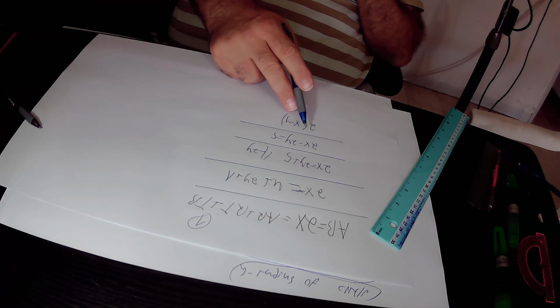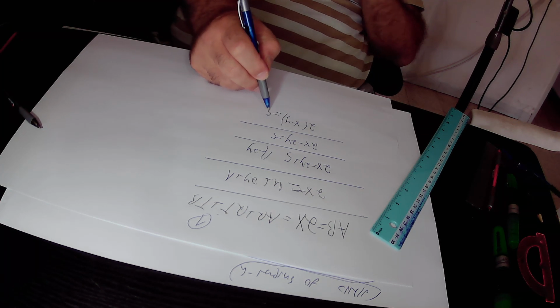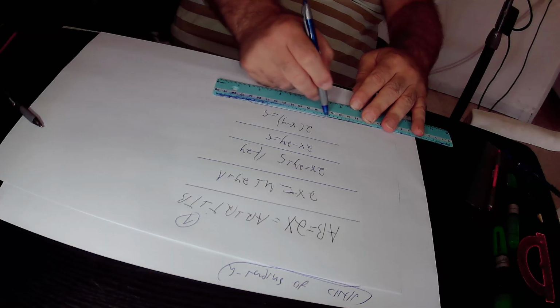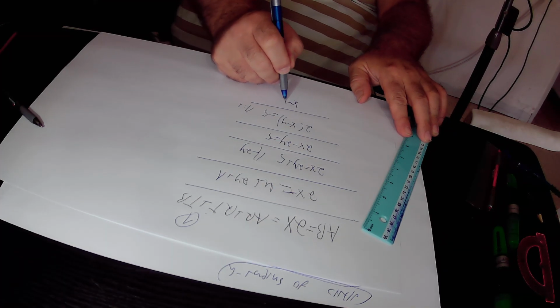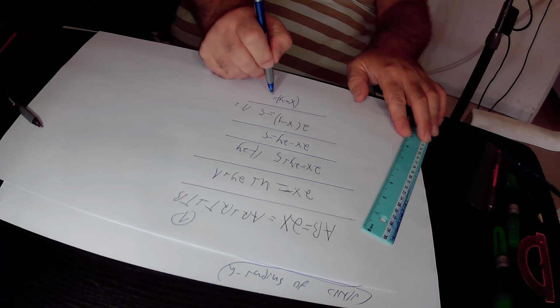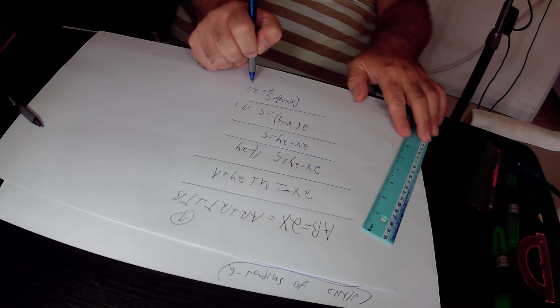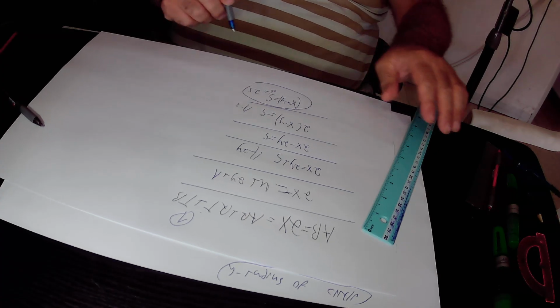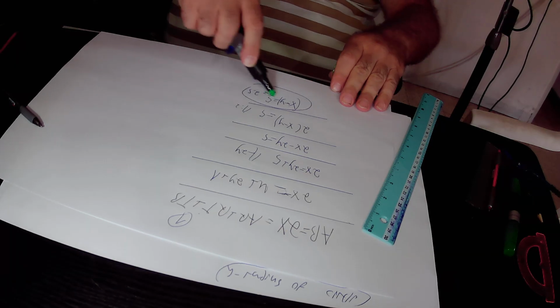So in total, 2 times x minus y equals 5. Here we divide this equation by 2 and get that x minus y equals 5 over 2, this is 2.5. x minus y equals 2.5.